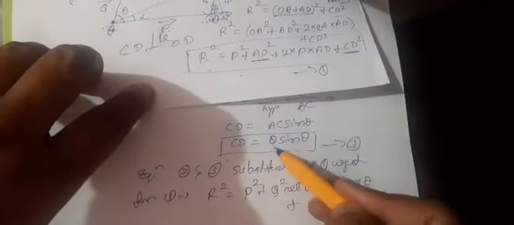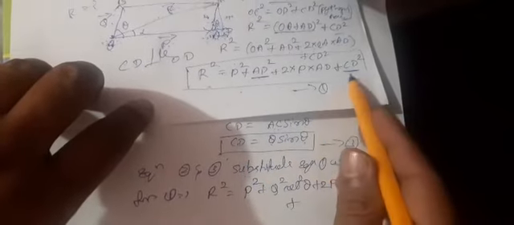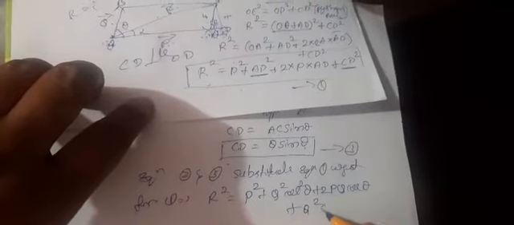The CD value is Q sin theta, squared, that is Q square sin square theta.